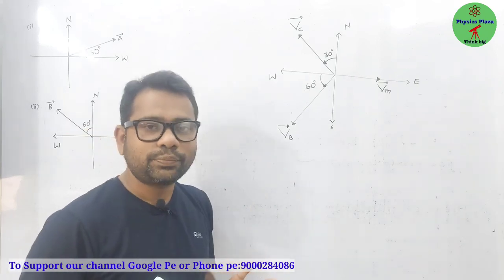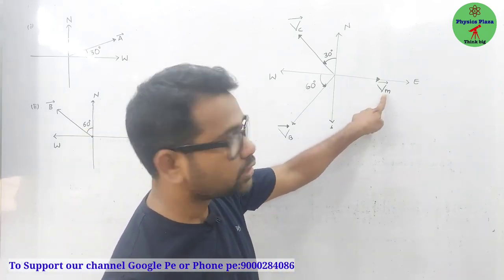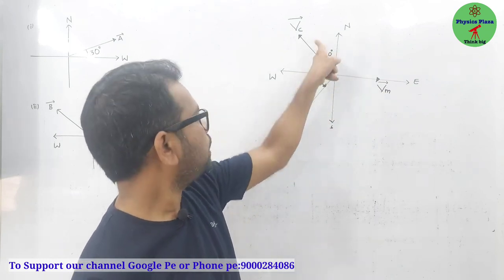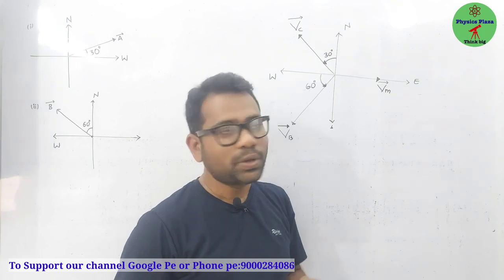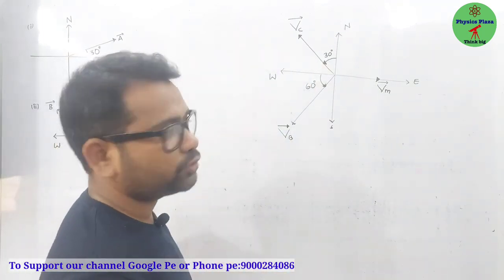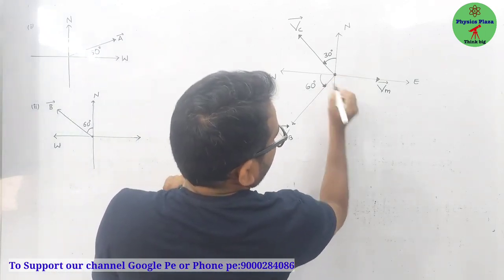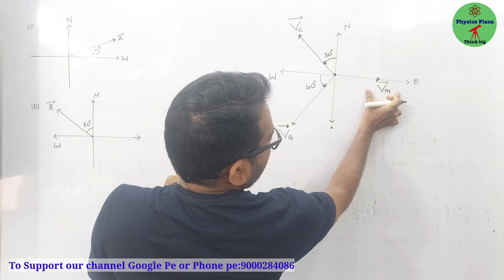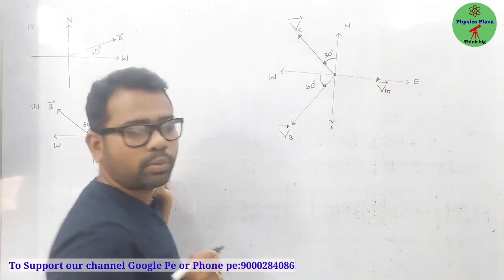Now the question is: what is the angle between the velocity vector of the man, the car, and the bus? So first we drew it like this. Now the answer is almost clear to us. If you can see these vectors, velocity of man and velocity of car, the tails are meeting, no problem at all.